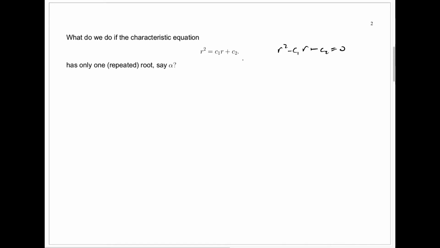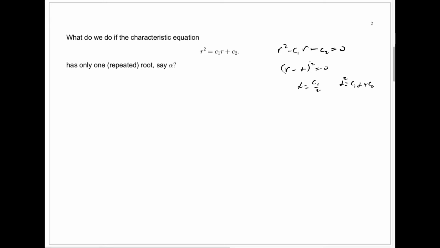Well, if it has only one repeated root, you could write this as r minus alpha squared equals 0. And of course, we know already from the quadratic formula, you could tell what alpha has to be. Alpha must be exactly c1 over 2, and it would be then true that alpha squared would equal c1 alpha plus c2.